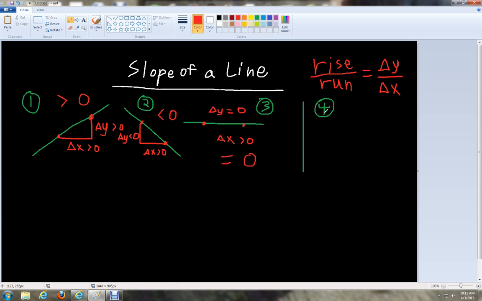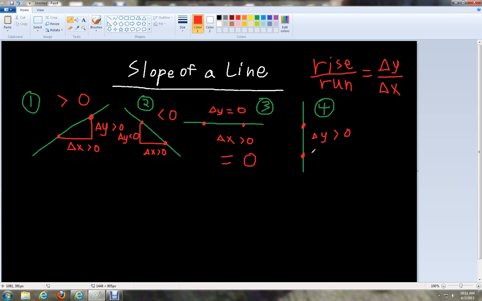And then last but not least is our fourth type of slope. It's called what's called undefined slope. And let's see why that is. Here, unlike a horizontal line, you can see that the y values are changing, right? If you go from this point to that point, the y values are increasing. So you see delta y is positive.